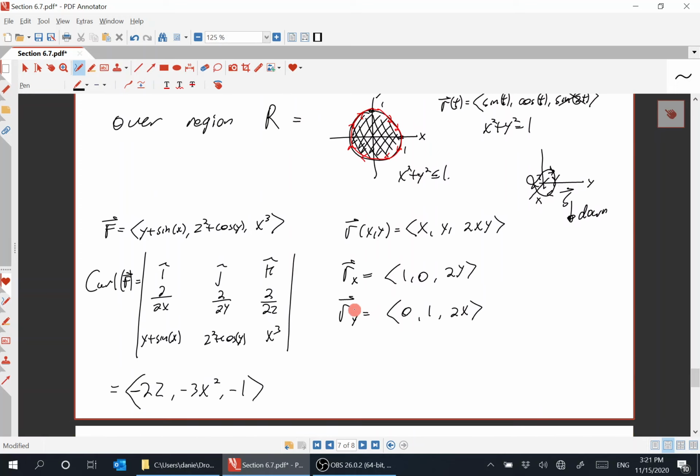So we don't want r_x cross r_y. We want r_y, which is in this direction, cross r_x, which is in that direction.